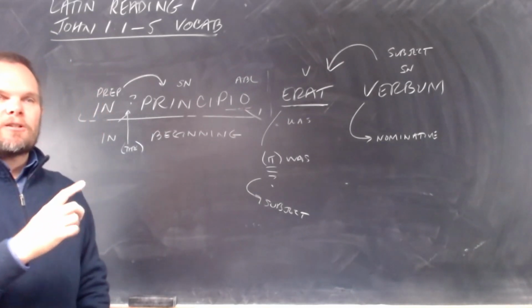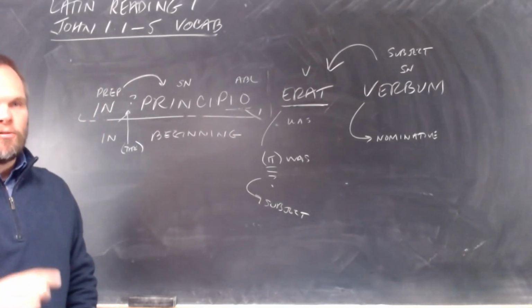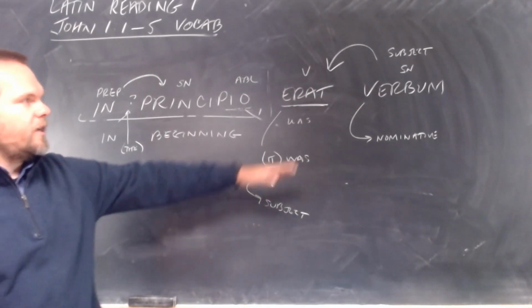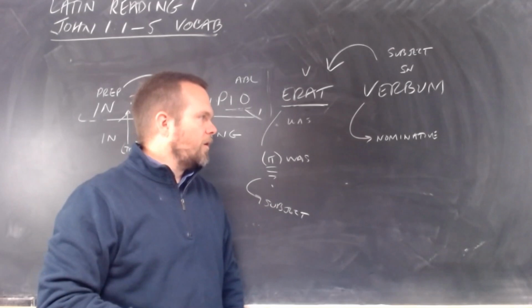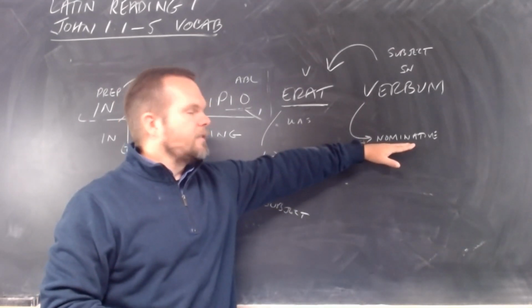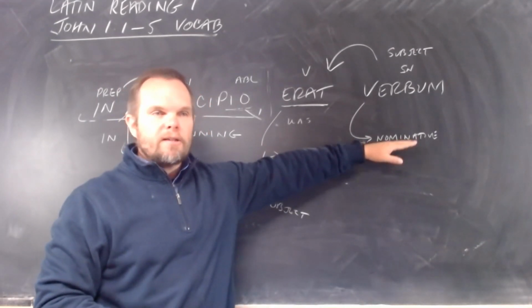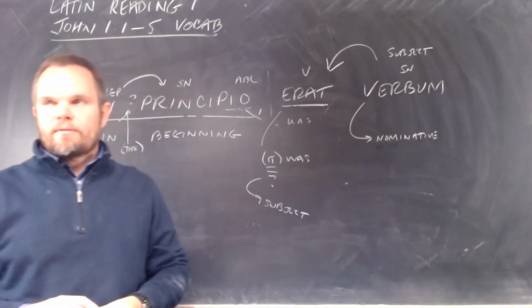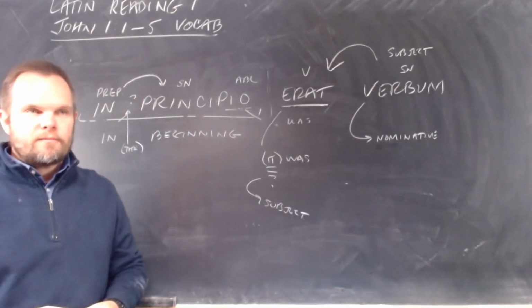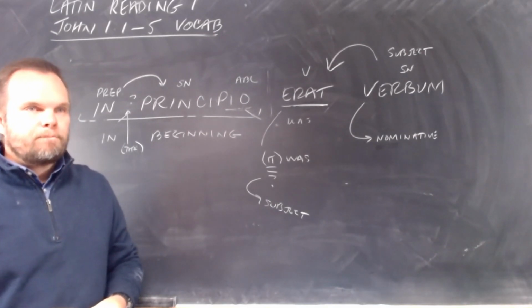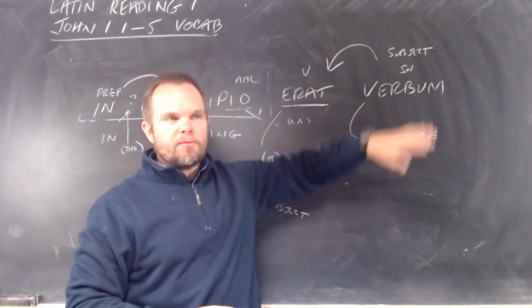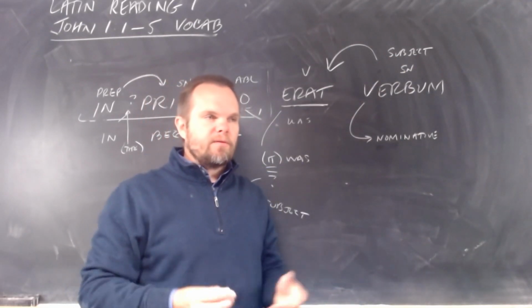You'll find principium. You'll find the nominative case form in the dictionary. Verbum is the nominative case form because the nominative case form is used to identify the subject of a verb. Got that? The nominative case form is used to identify the subject in a sentence, the subject of a verb.